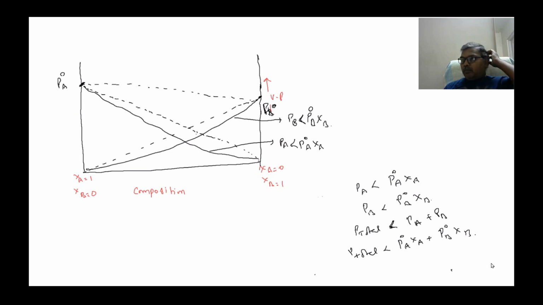So at any composition, PA is less than P naught A XA, and at any composition PB is less than P naught B XB, and at any composition total vapor pressure is PA plus PB.